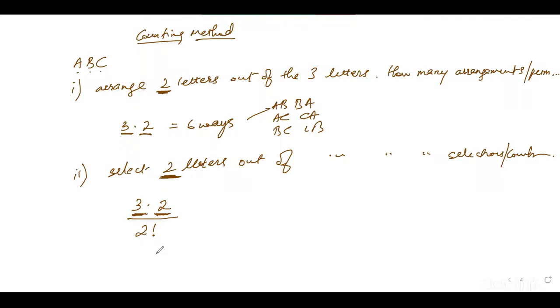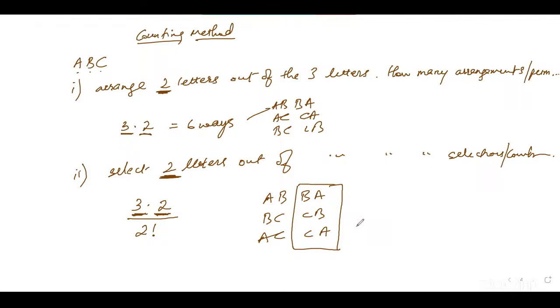So why blindly put 2 factorial? Well, there is a reason behind that. As you could see, in selection the order is not important. So what happens is the arrangements are repeating, you could say twice on the whole.